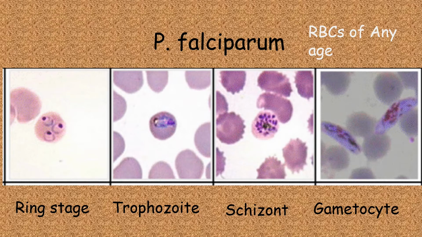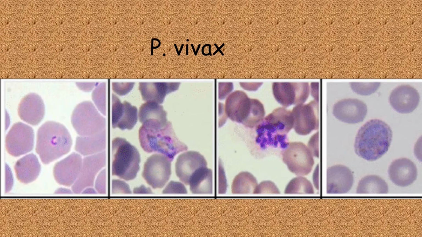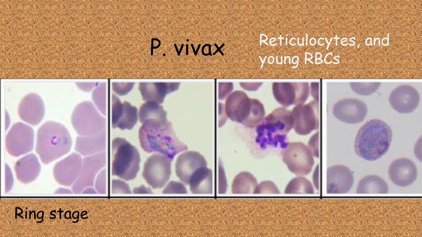Next comes the blood picture of vivax malaria. It has the predilection to infect young red blood cells and reticulocytes. Infected red blood cells become enlarged and distorted here, as you can see in the first ring stage. After that comes the trophozoite stage, where you can see the amoeboid cytoplasm.